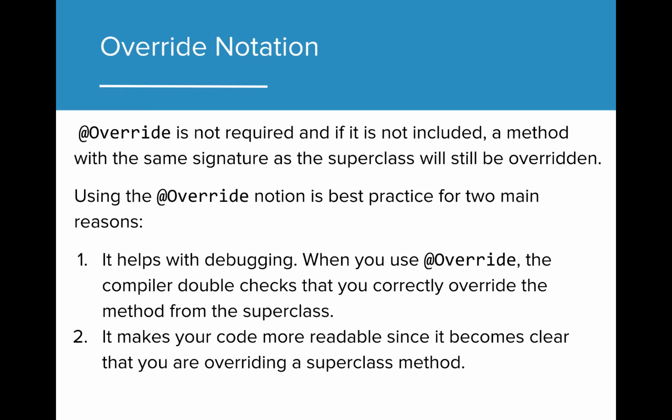First, using the @override signals to Java that you are trying to override a superclass method. The Java compiler will check to make sure it actually does override a method correctly, and will throw an error if you do not override correctly. Second, it helps to make your code more readable by telling other programmers that a particular method is being used over a similar method in the superclass.